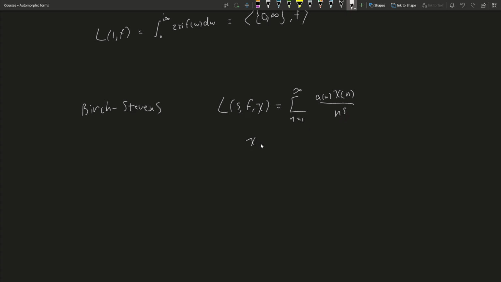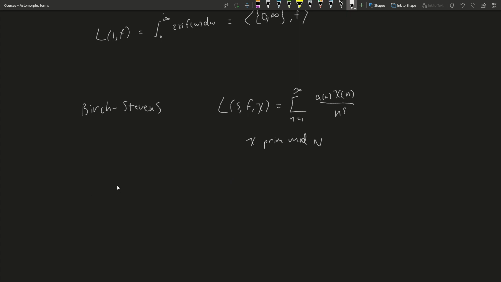And here χ is going to be primitive mod N, uppercase N, the level of your form, I believe. I don't know if you need to actually assume that. Maybe you don't, but anyway, this is the case that I'm going to work with.